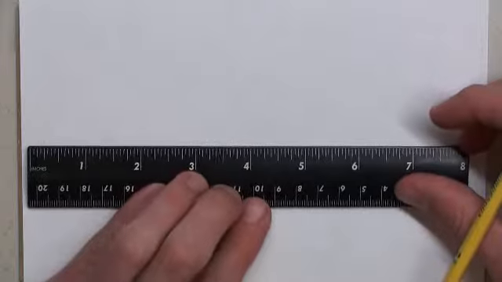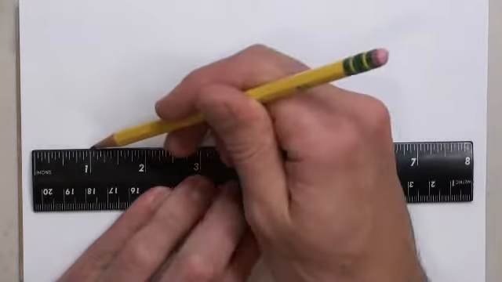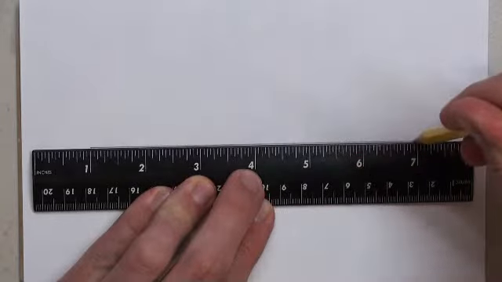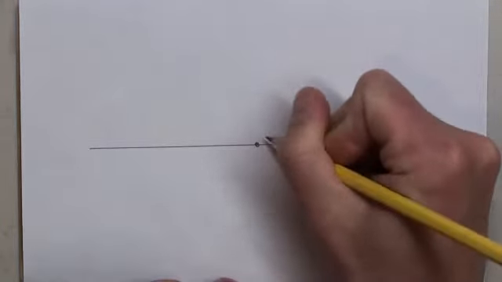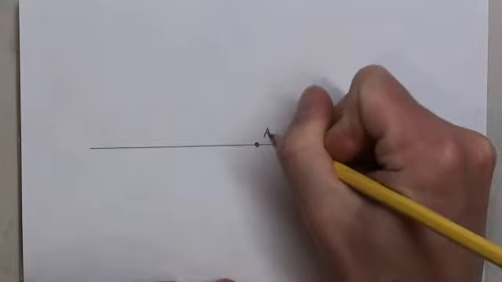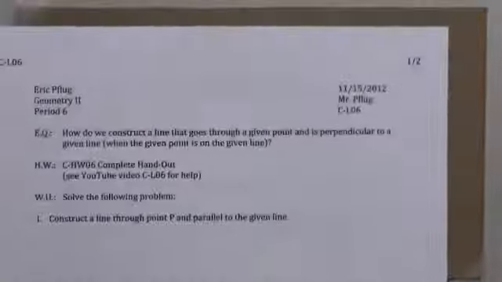As long as you do the construction right, it still will turn out okay. So draw your line, do 1 to 7, and in the middle of your line, put the point A. And then you can do the construction. And that's the end of lesson C-L06.